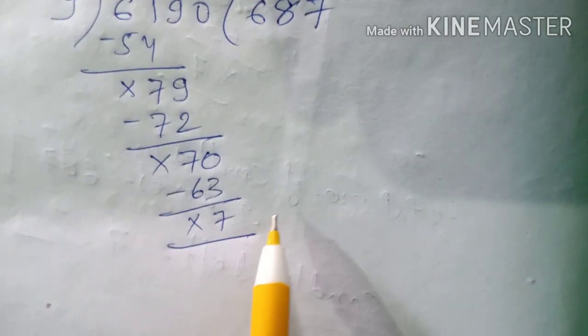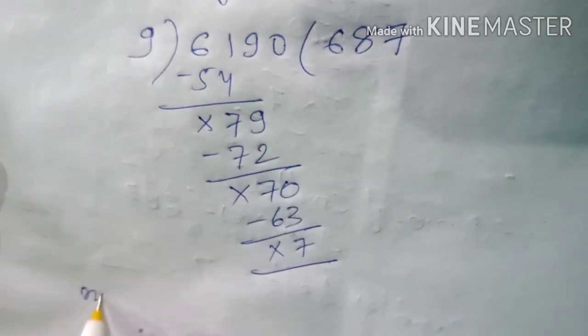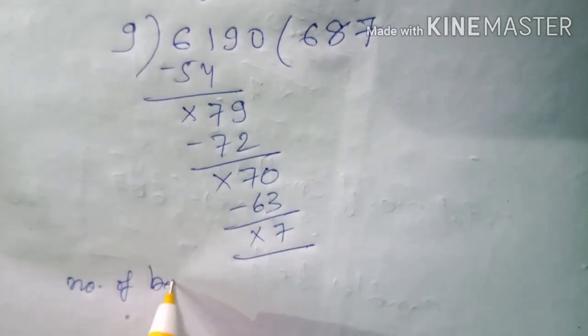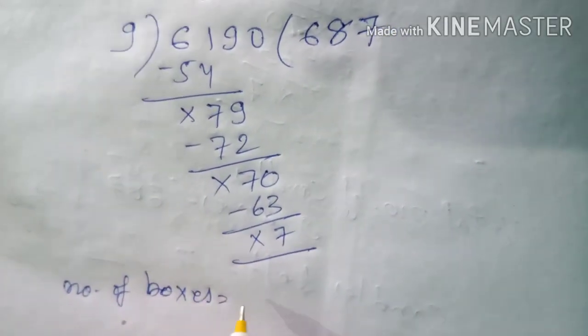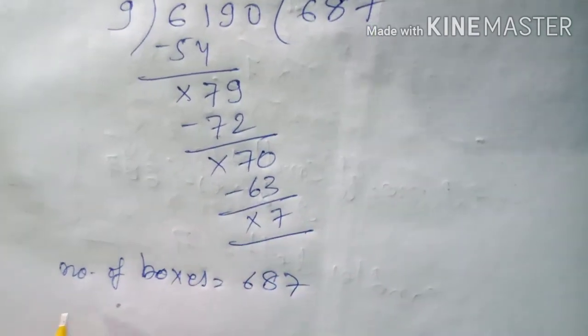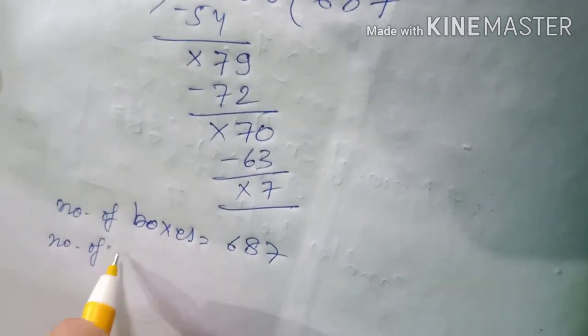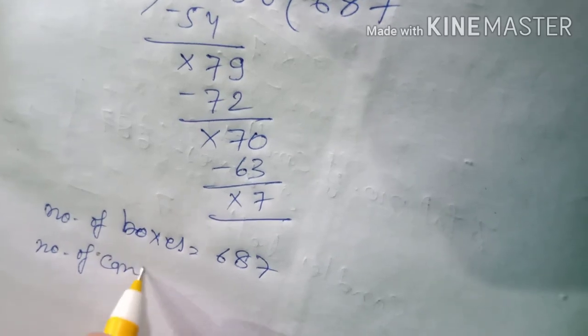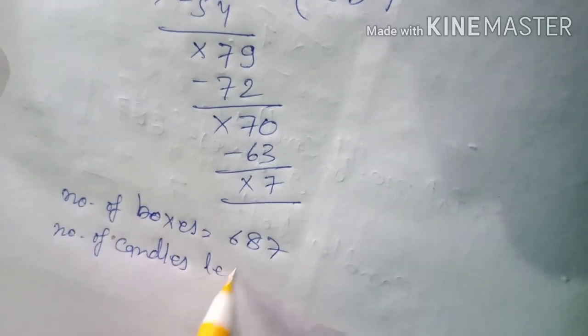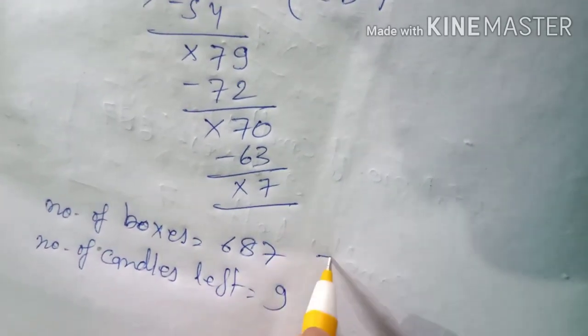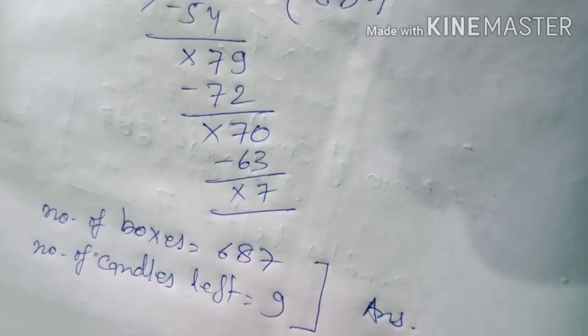So your answer will be: number of boxes will be 687, and number of candles left 7. This will be your answer.